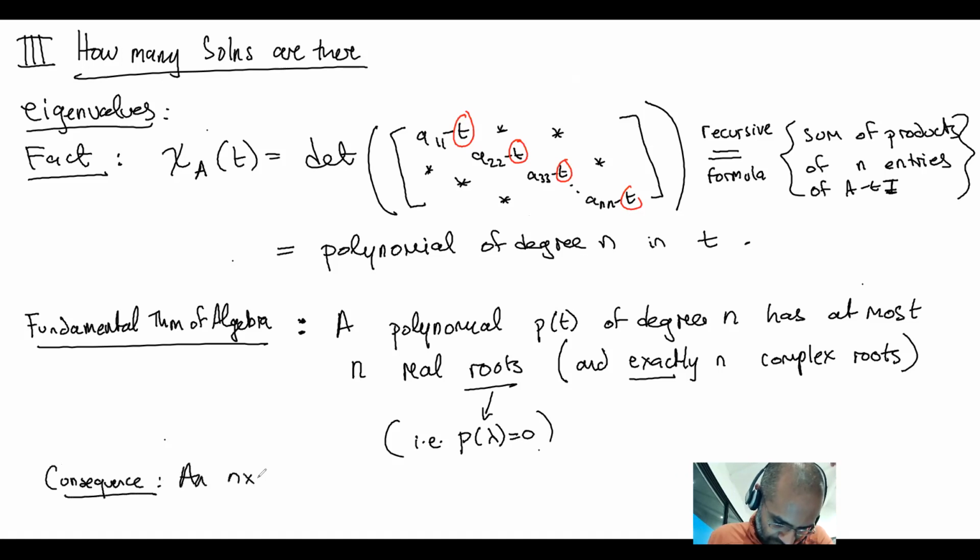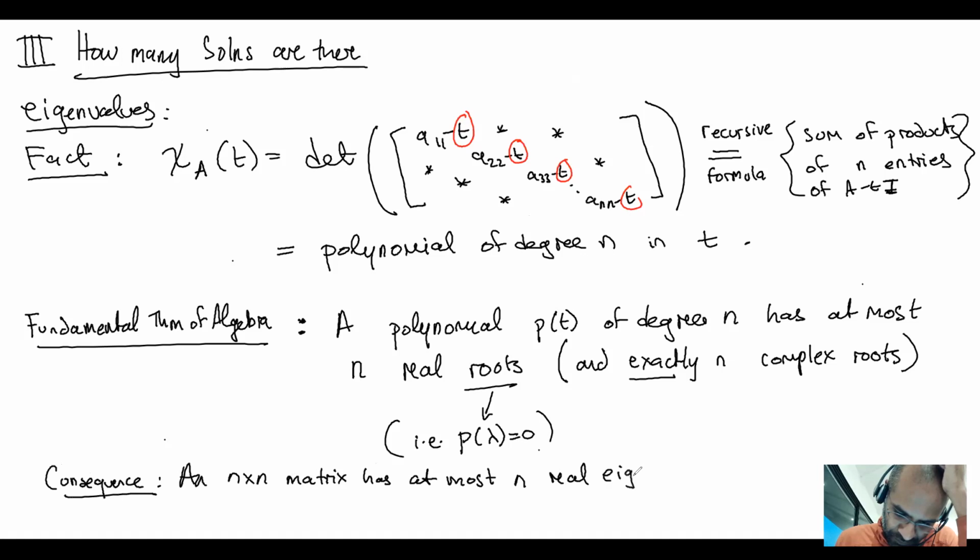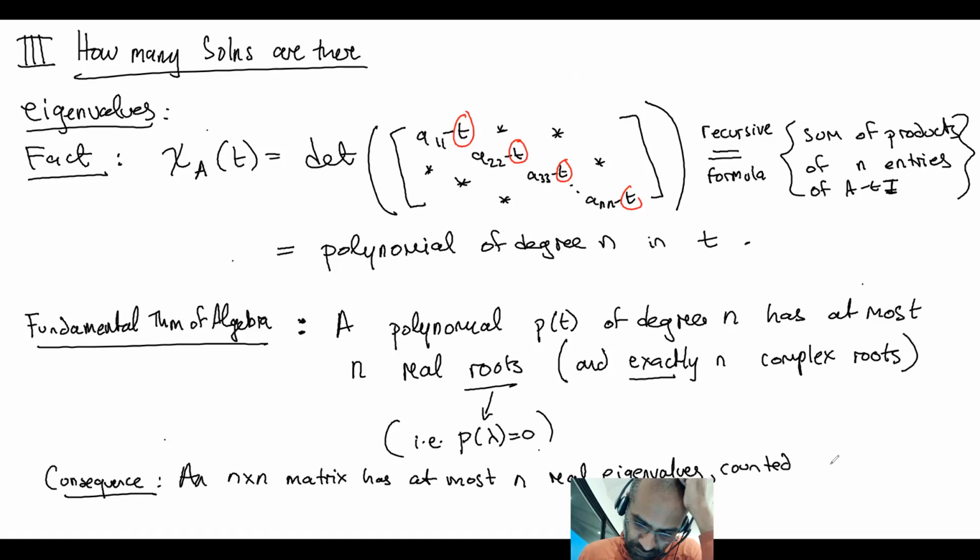An n by n matrix has at most n real eigenvalues, where you count with algebraic multiplicity. Okay, so you can never have more than n eigenvalues.